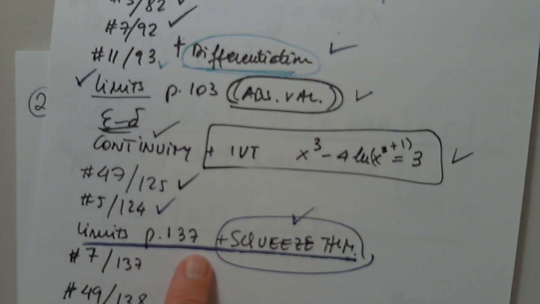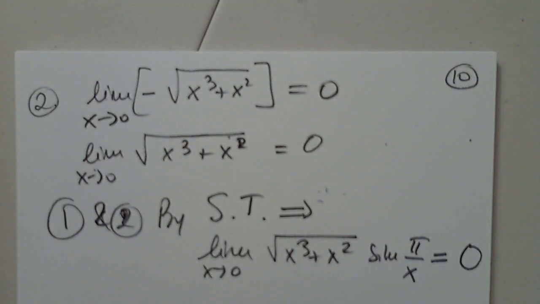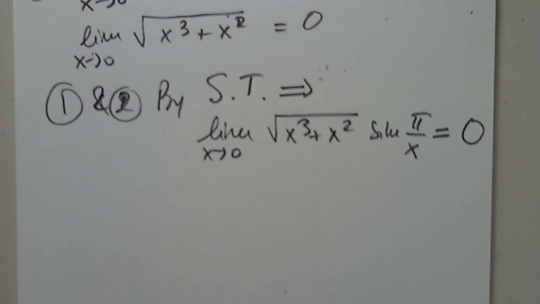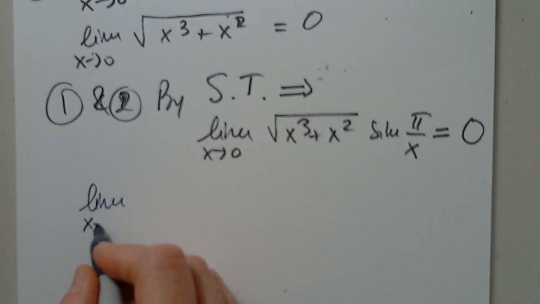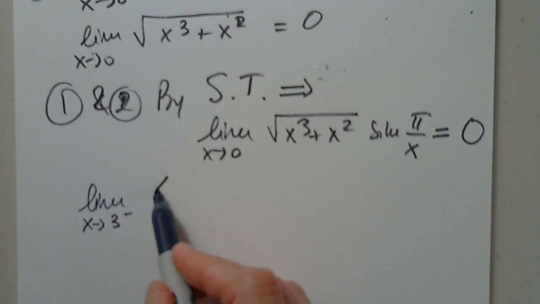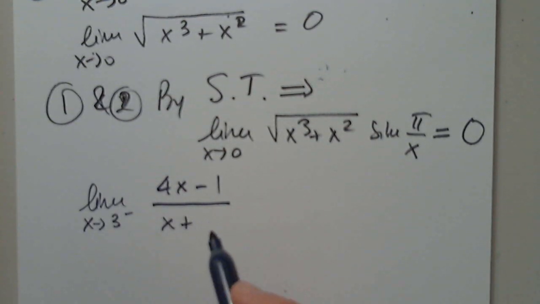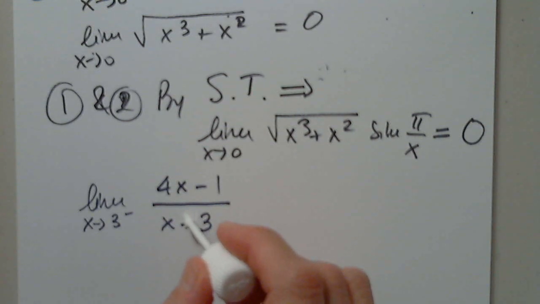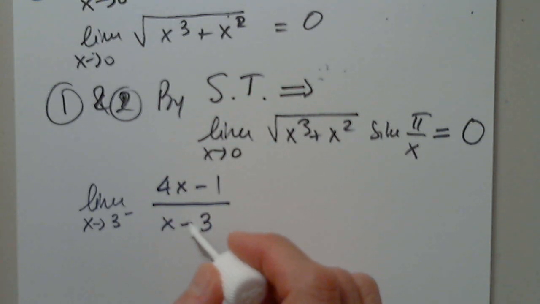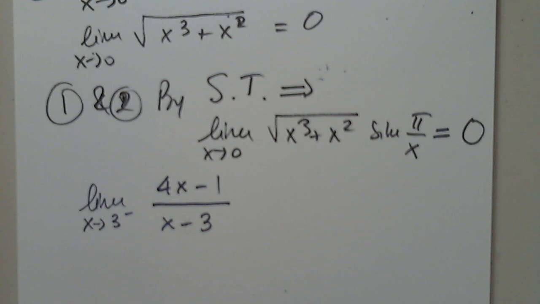Limits on page 137. So these are the infinite limits. Oh, one other limit that I would like to work on, just in case, let's say the limit as x approaches 3 from the left of 4x minus 1 over x minus 3. I'm sorry, I meant to write x minus 3. So let's work on this for 1 minute. And please enter the answer in discussion 2.